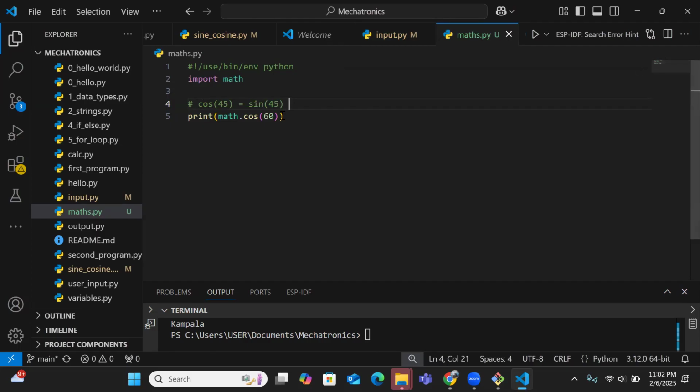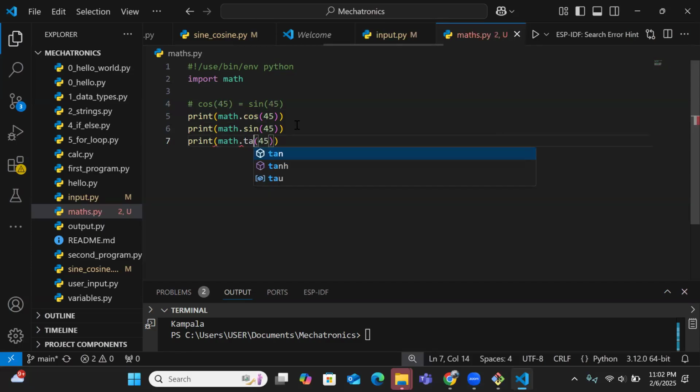Can you print cos 45 and also print sine 45. And tan 45 is normally 1, isn't it? Because the hypotenuse is the same, the ratio will become 1.